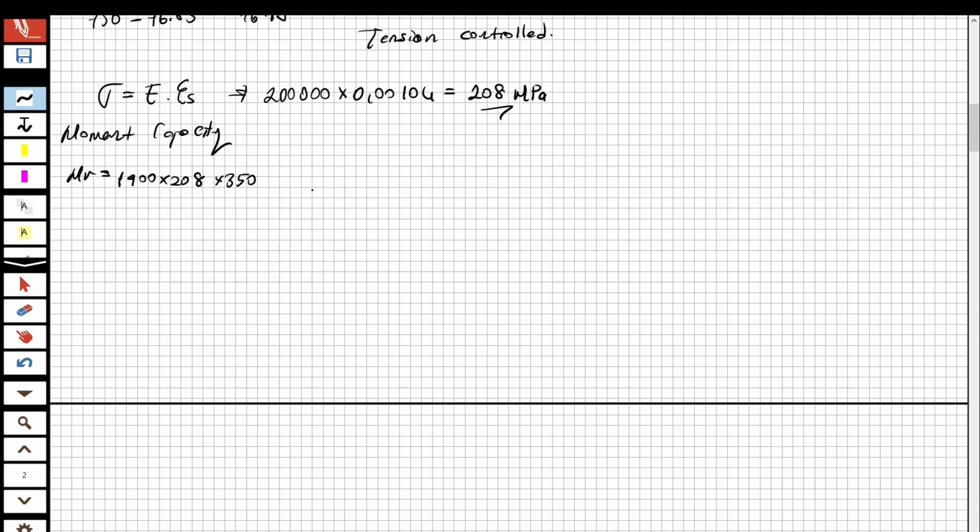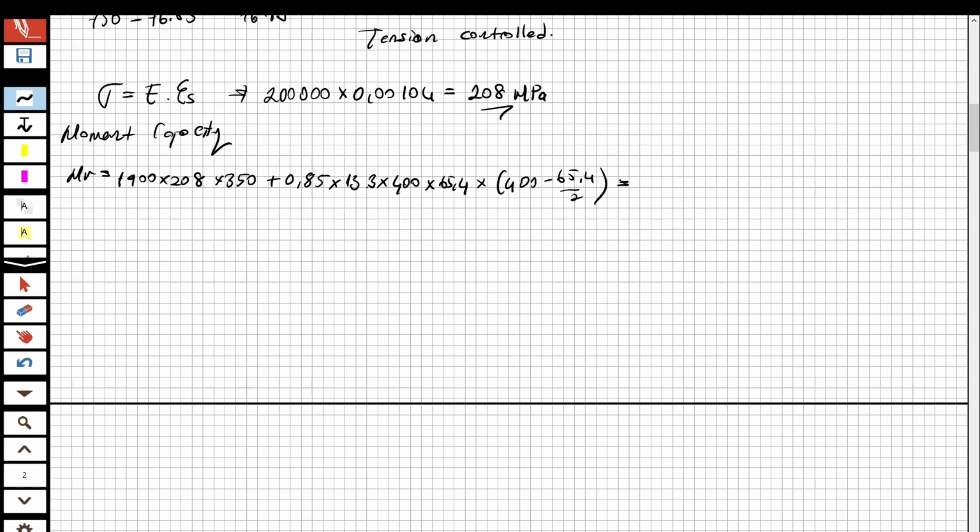Okay, and plus the compression concrete: 0.85 times 13.3, the design strength of the concrete, multiplied by 400 and multiplied by 65.4. It is A, the effective concrete block, multiplied by (400 minus 65.4 over 2).